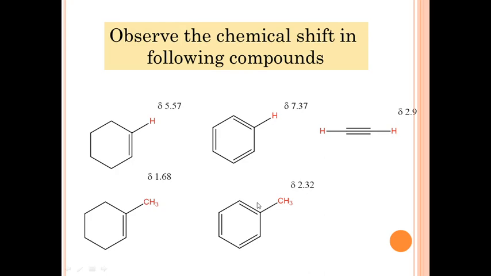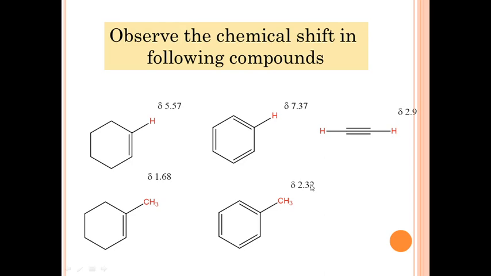So we cannot explain the chemical shift in this compound on the basis of electronegativity or on the basis of hybridization, because we can observe here unexpected lower value, unexpected higher value.